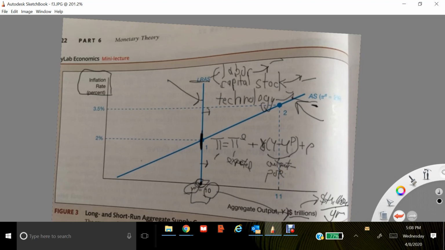That's why the superscript P is potential output. And this letter, a Greek letter rho, is a constant that's there to take the place of various other factors.